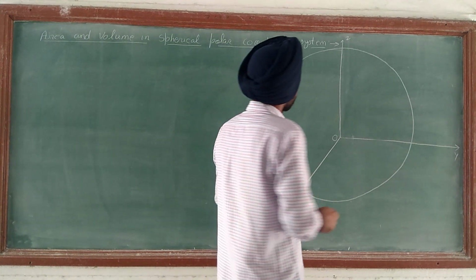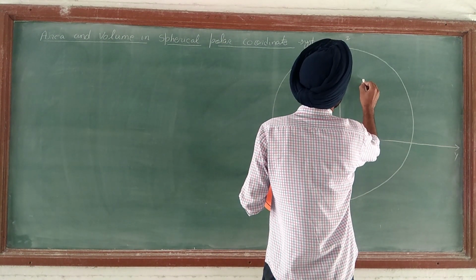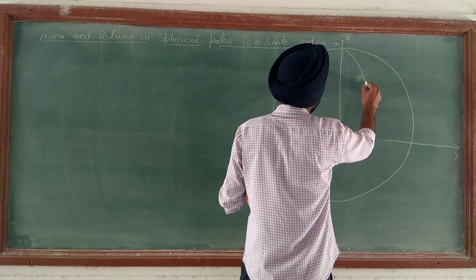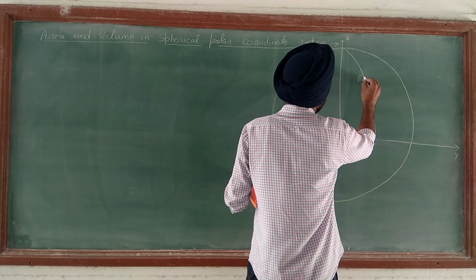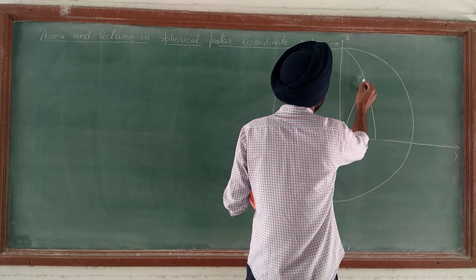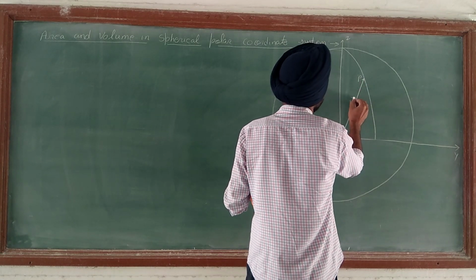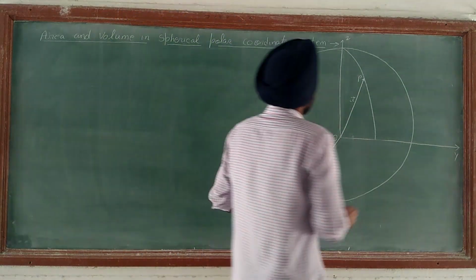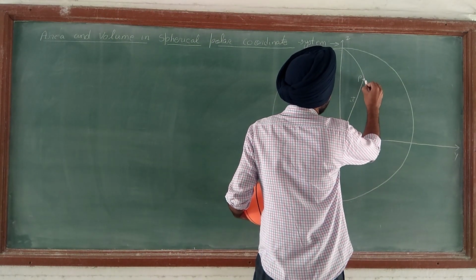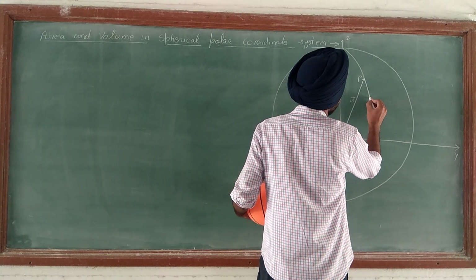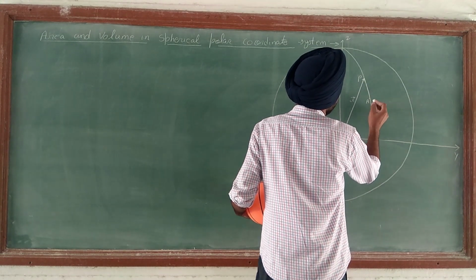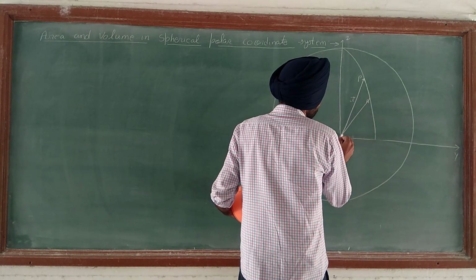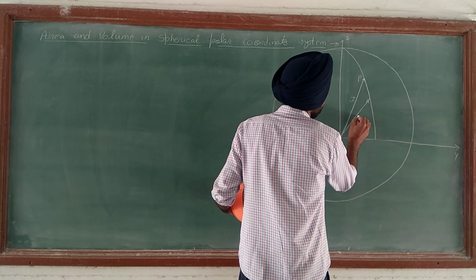So first, suppose the particle is at point P. If R is the radius, then R is the position vector of the particle on the surface of this sphere at point P, and as the particle moves on the surface of the sphere and reaches some point, let it be A, then the distance OA is also R. Why?